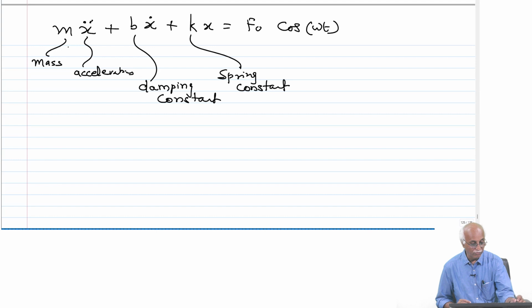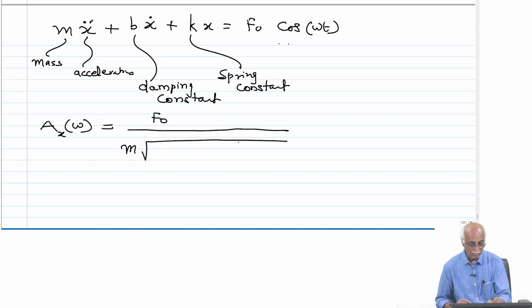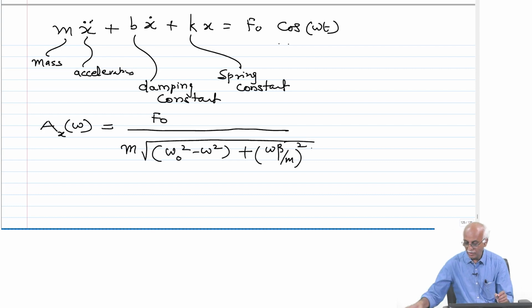So based on this differential equation, and using boundary conditions, we can derive the amplitude of this oscillation like this basically.